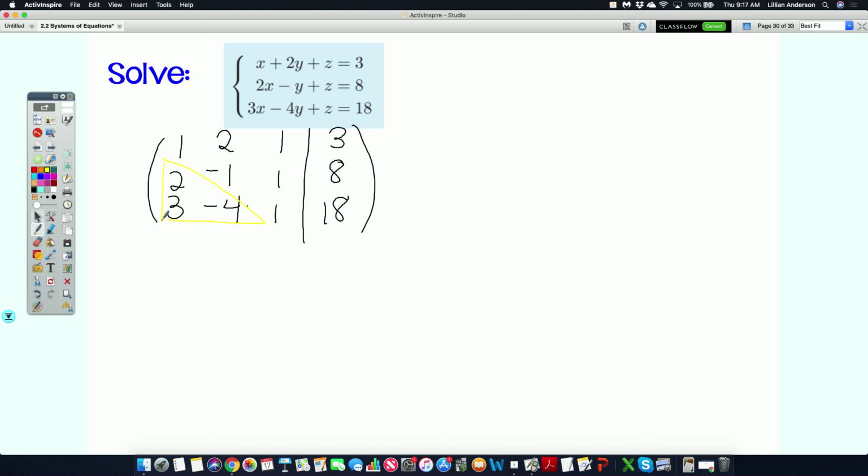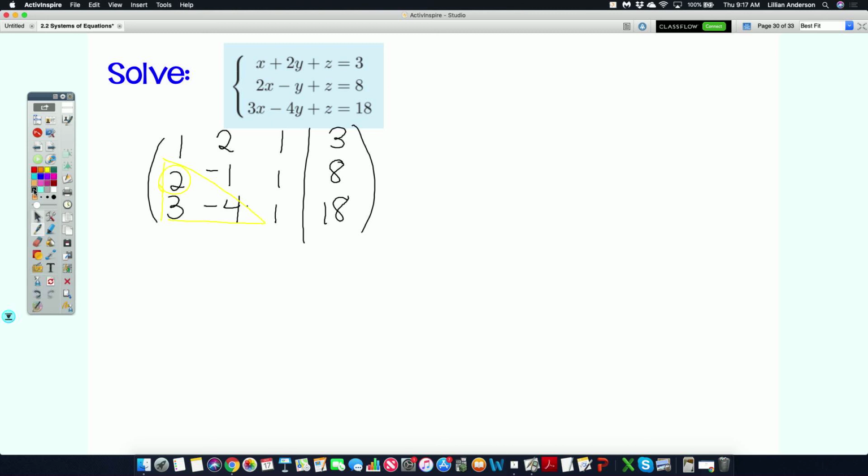Let's make this 0. How can I make this 2 a 0? Three R2 minus 2R3?